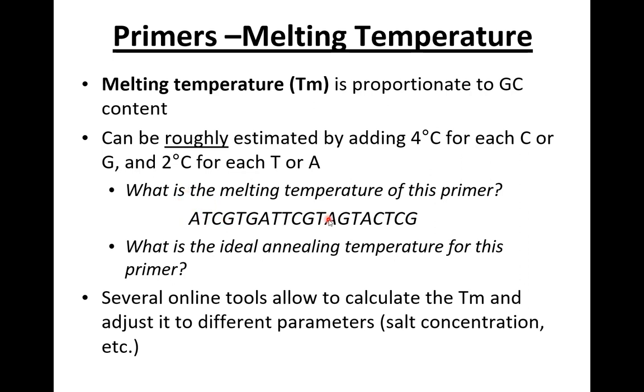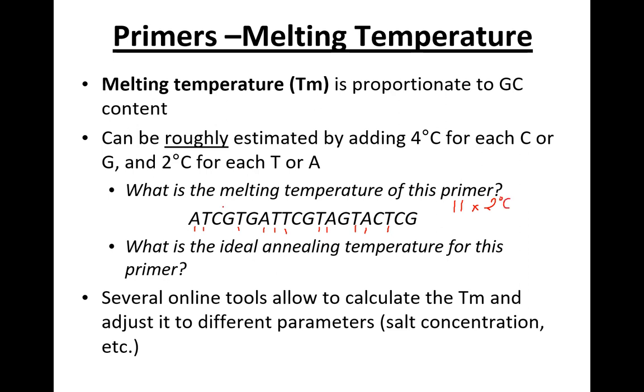So for example, in this primer right here, what would be the temperature? Well, let's calculate it. How many A's and T's do you have in here? 1, 2, 3, 4, 5, 6, 7, 8, 9, 10, and 11. So you have 11 A's and T's, so you multiply by 2 degrees Celsius, right?